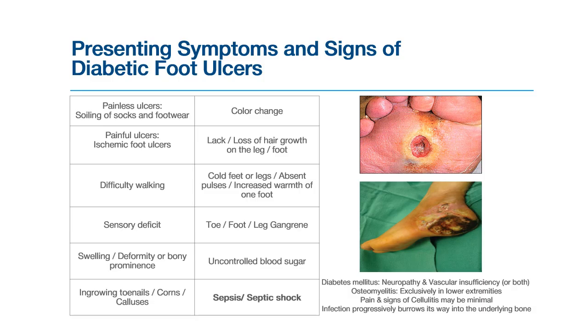Sometimes they present late with toe, foot, or even leg gangrene. And of course, in all of these cases, uncontrolled blood sugar may be one of the presentations. And the severe presentations may be sepsis or septic shock. On the right side, I illustrated two common findings in diabetic foot ulcer.